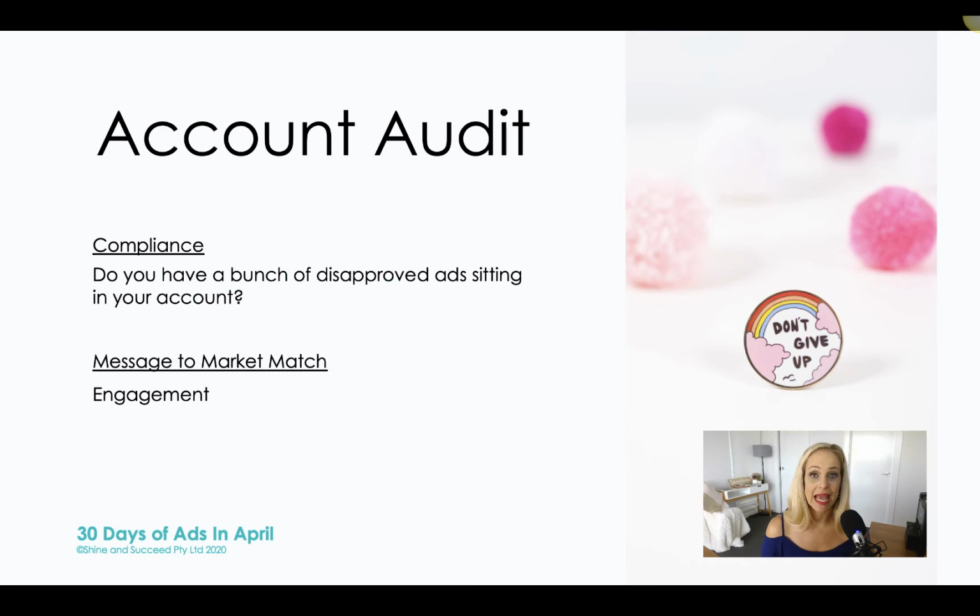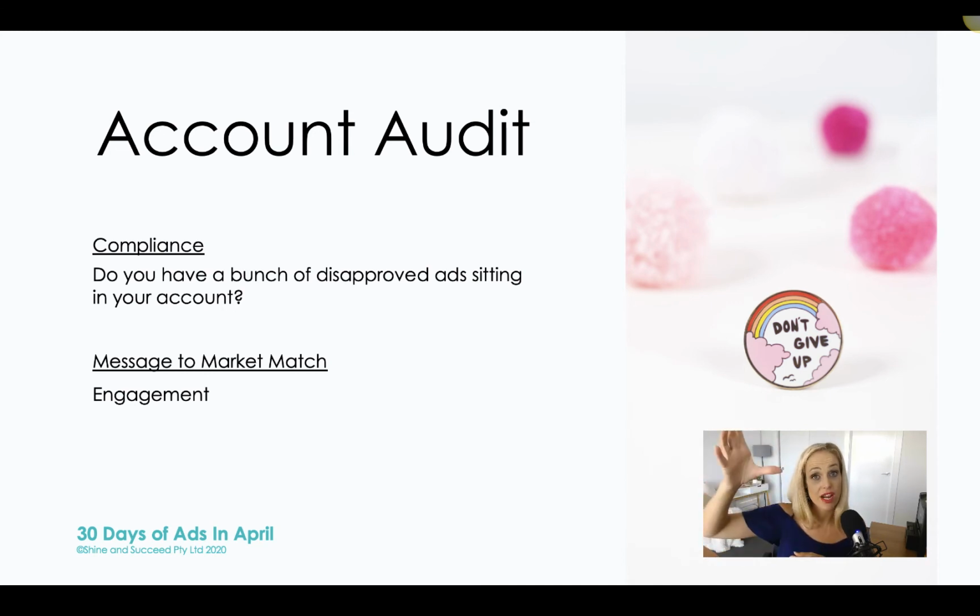If we look at the ads and we see very low engagement, very low number of likes, comments, and shares, that's telling. Particularly an indication of a high match for the message to the market is we have a lot of shares versus the number of comments.